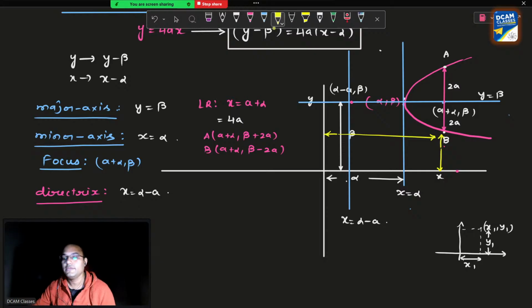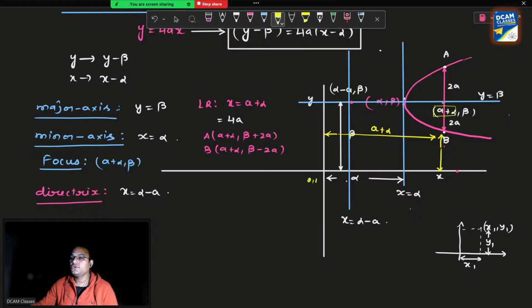Okay, Diva? Now this distance we already know, this is a plus alpha. It's all because this coordinate point is given.